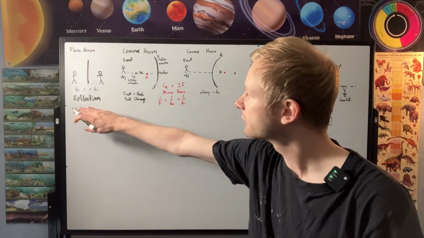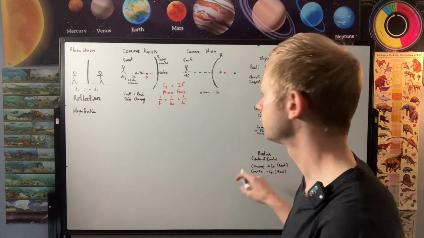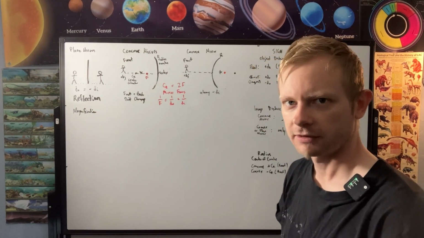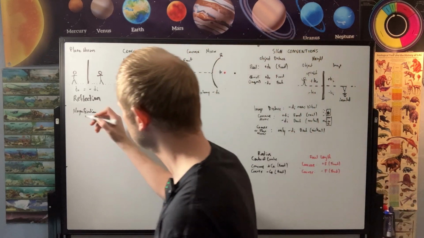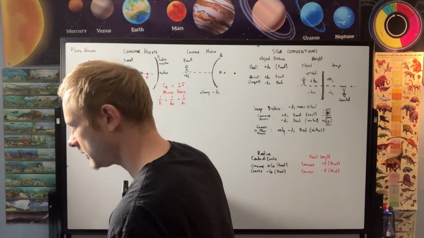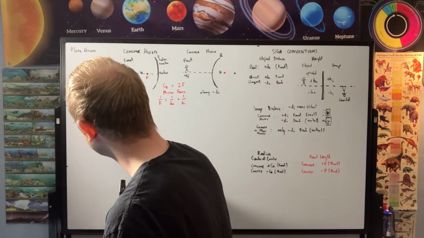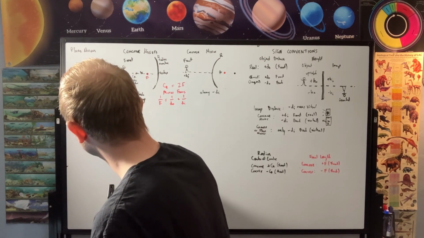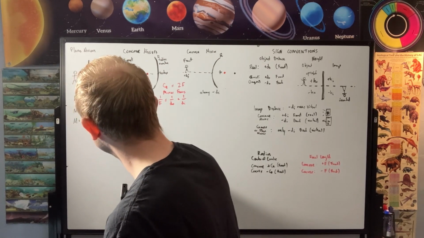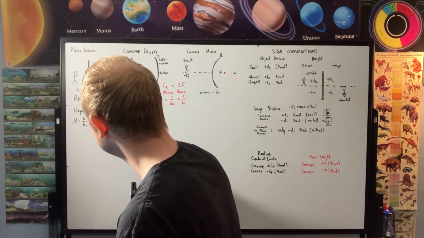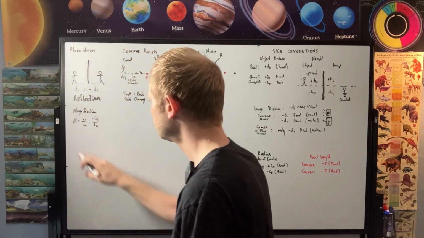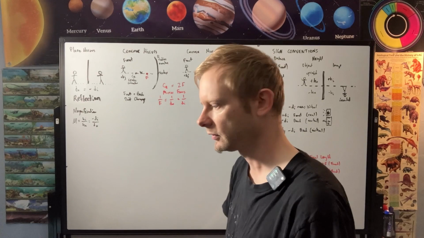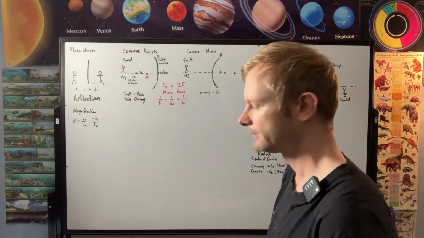So far we've discussed reflection with all these mirrors, but now let's discuss magnification. I'll write down this little formula here that says that M is equal to HI divided by HO, which is equal to negative DI over DO. And this is going to be the basic magnification formula that we can use for mirrors.